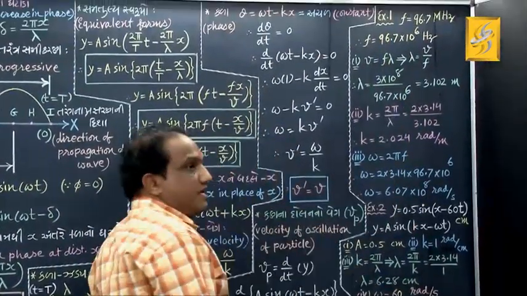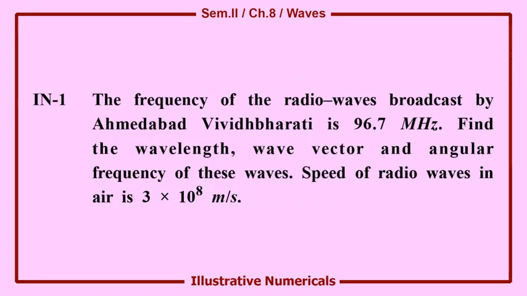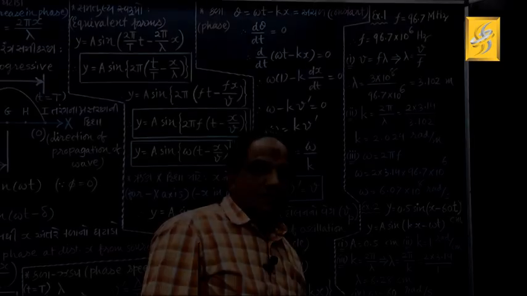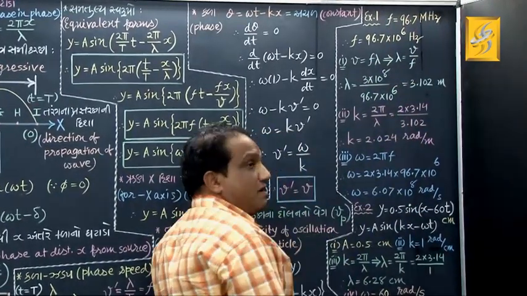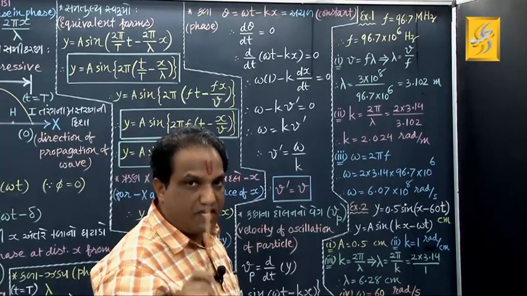Read the statement of the first example in the illustrations. The frequency of the wave given is 96.7 megahertz. 1 mega, or million, means 10 raised to 6.